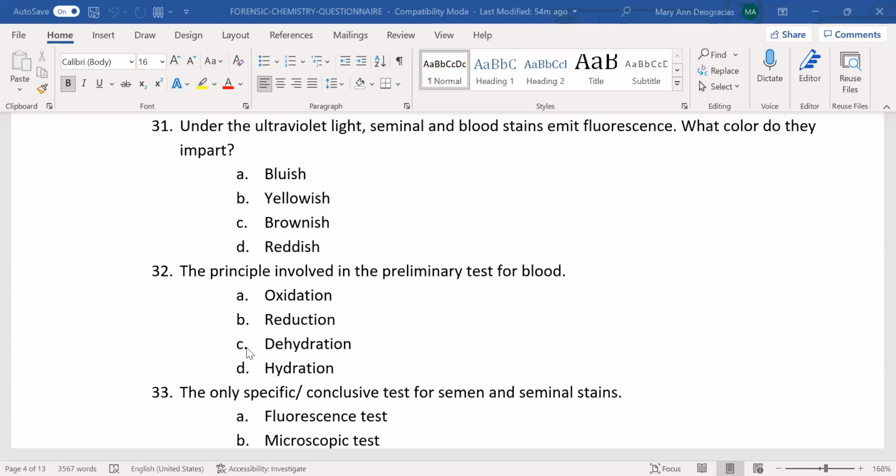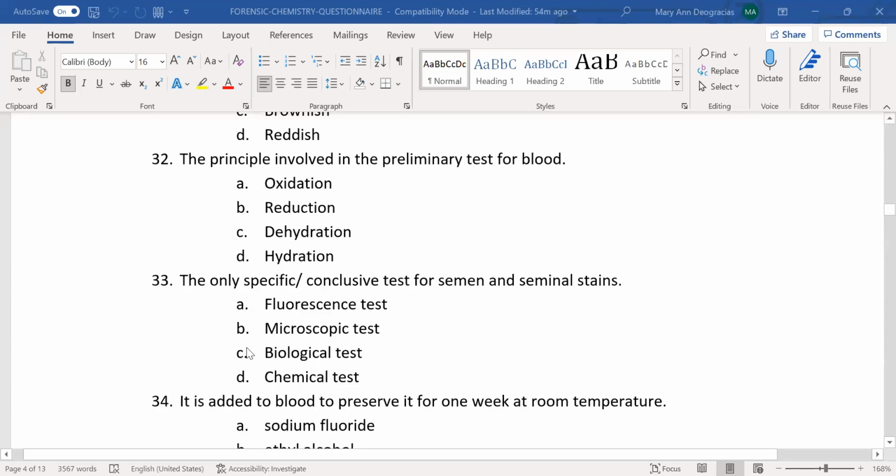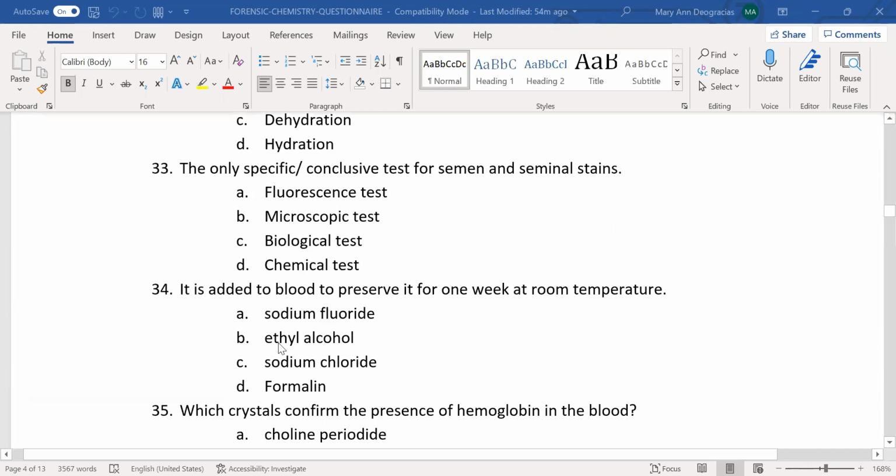Number 33, the only specific or conclusive test for semen and seminal stains. The answer there is reversed from earlier. A, fluorescence test. B, microscopic. C, biological. D, chemical test. So it's the microscopic test. Next. It is added to blood to preserve it for one week at room temperature.